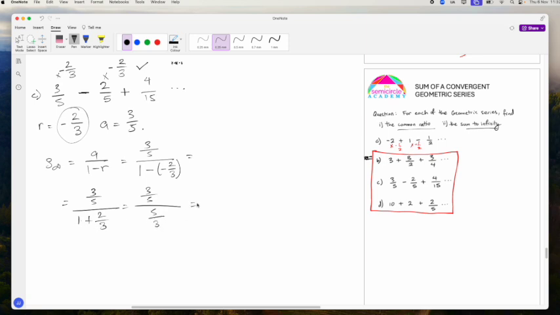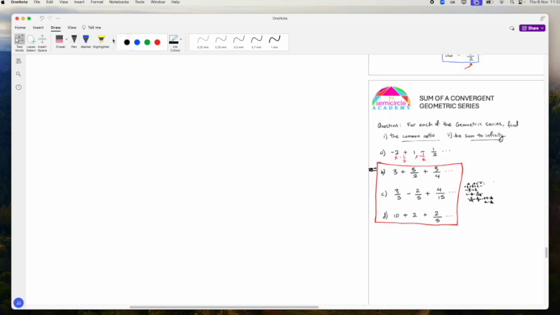Well, look at that. So that's 3 over 5 multiplied by 5 over 3, which is 9 over 25. So the sum to infinity is 9 over 25.